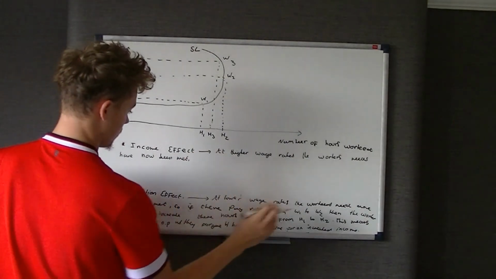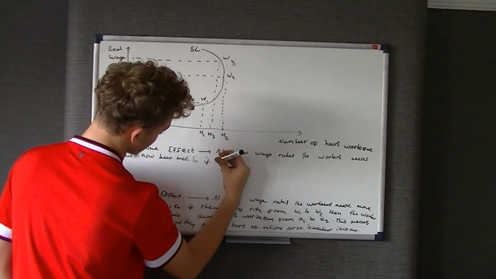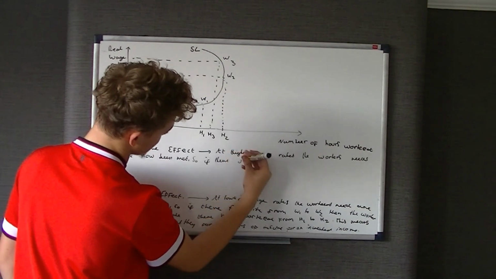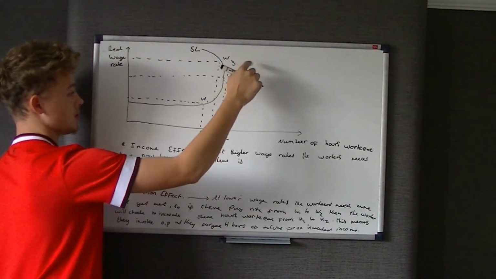So again, we're linking to the diagram. If there's a pay rise, and now we're not going from W1 to W2, we're increasing from W2 to W3.